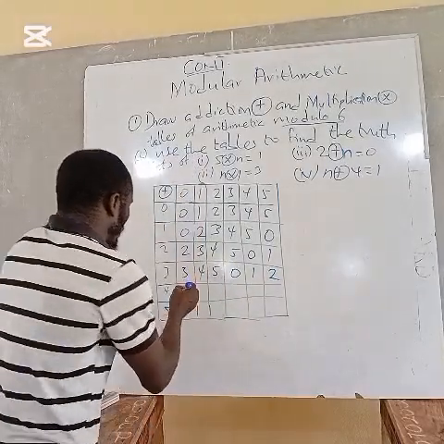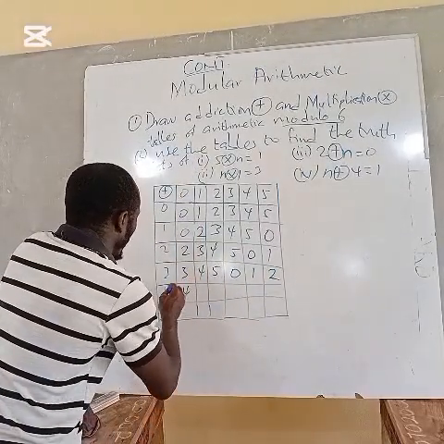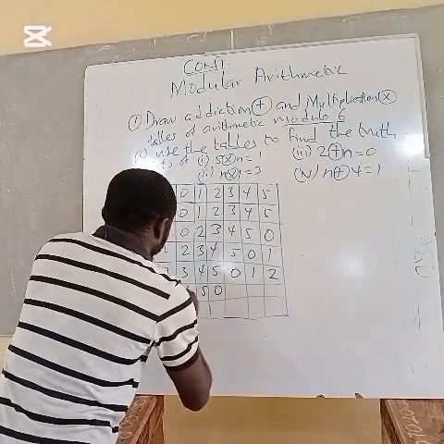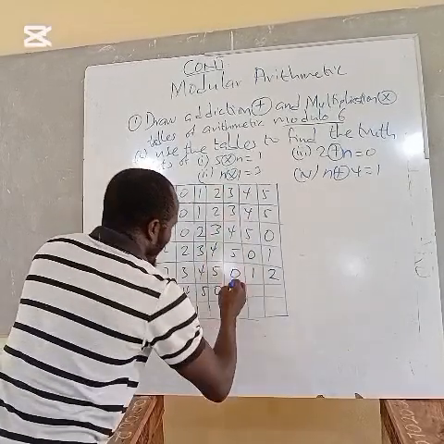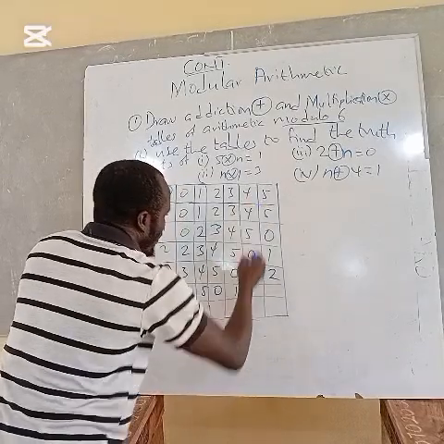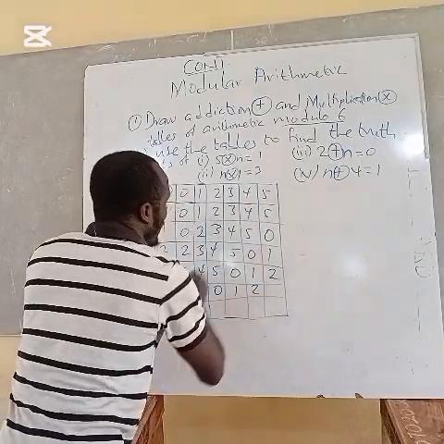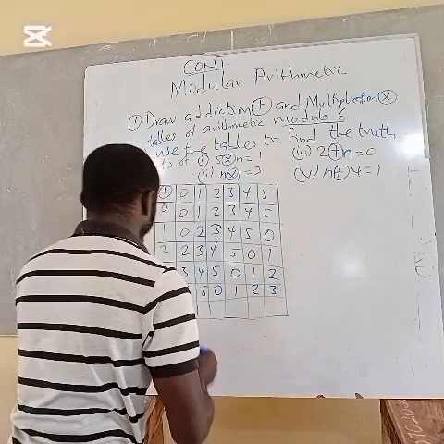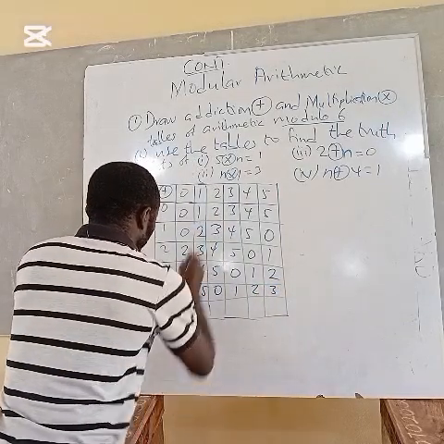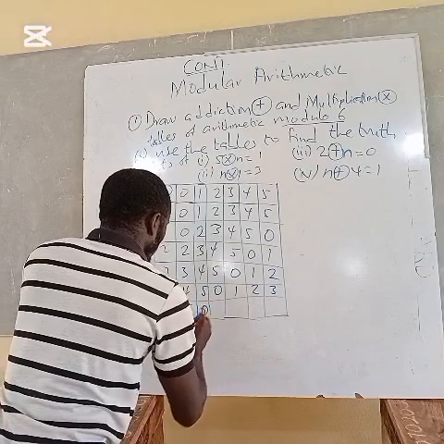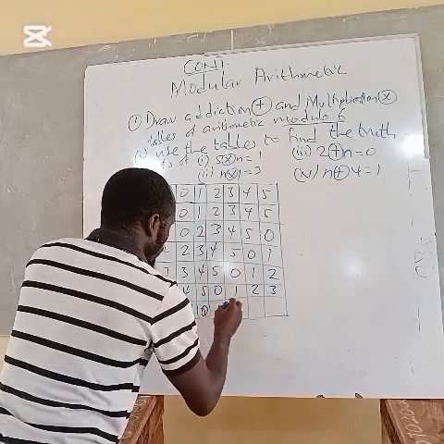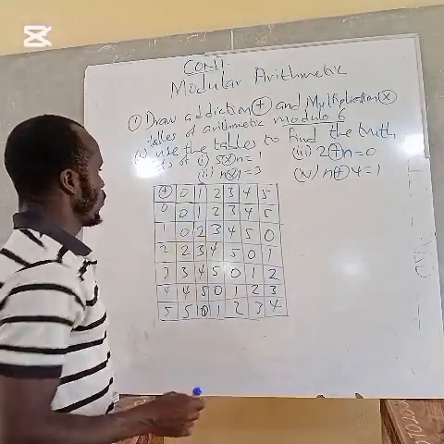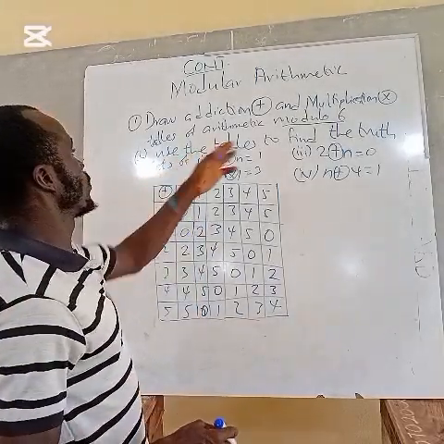The same applies to the next one. 4 plus 2 is 6, you write 0. 4 plus 3 is 7, you write 1. 4 plus 4 is 8, you write 2. 4 plus 5 is 9, we write 3. Then the row for 5: 5, 0, 1, 2, 3, 4. So this is how we have our table for addition in modulo 6.